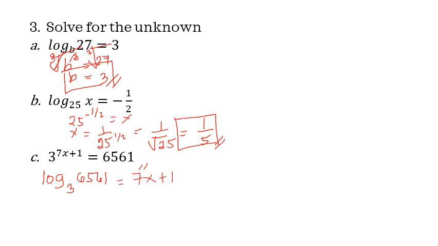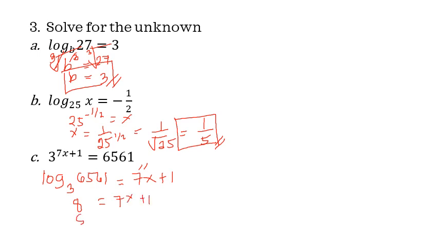So if we try to input these values, on the left side, this is log 6561 base 3. This is equal to 8. So try to input this in your calculator. 8 equals to 7x plus 1.